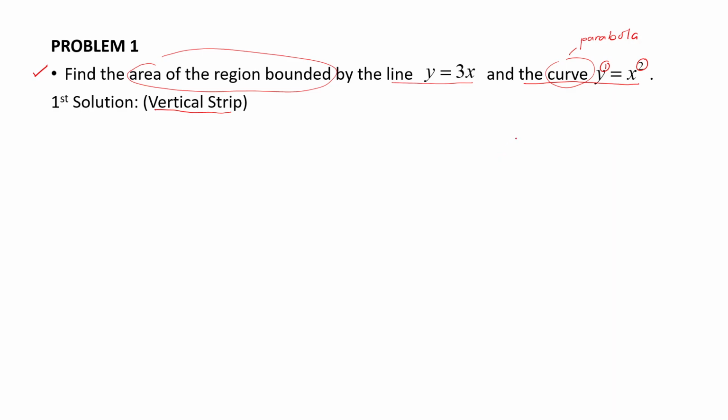The problem is I don't have the calculator here, so I cannot really do the simulation. So sige lang. Your best solution, as a shortcut, is to equate both equations so that you may get the points of intersection.